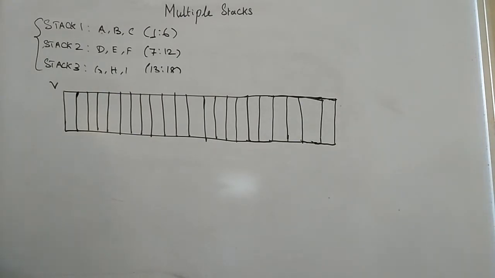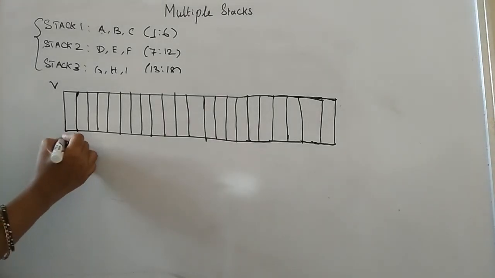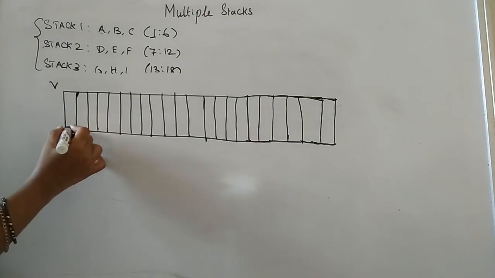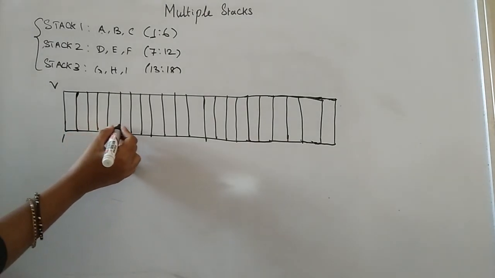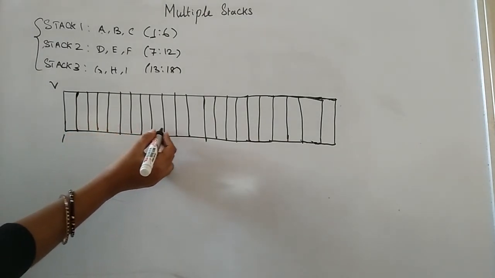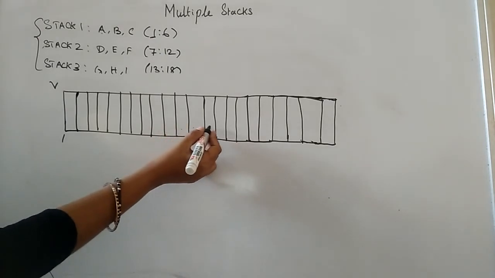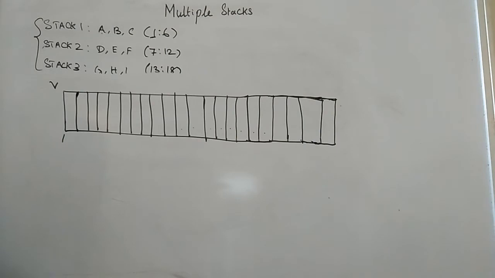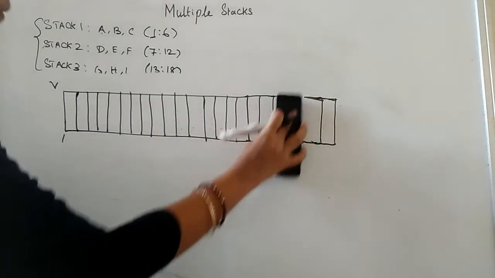Actually, we have mentioned the size of M as 18 only, right? So 1 to 18. So these cells are enough.